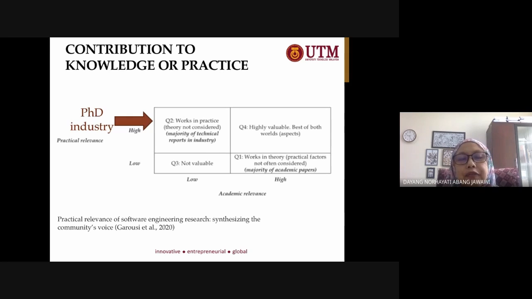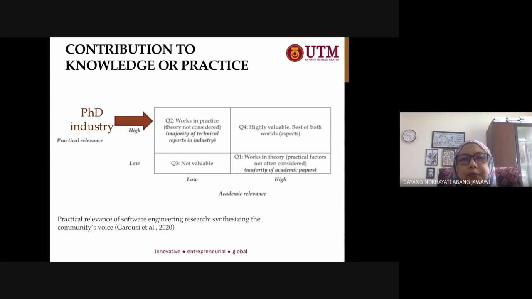So mostly for quadrant 2 and quadrant 4, we used to have PhD industry or MPhil industry, where we have a supervisor from the university and also a supervisor from industry. Okay, this is the mode of research, PhD industry or MPhil industry.